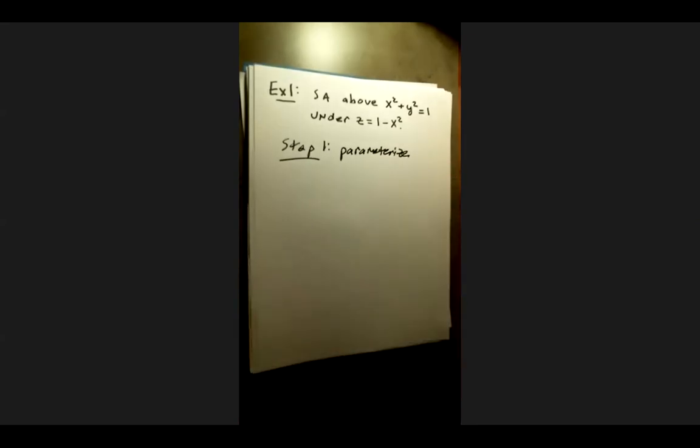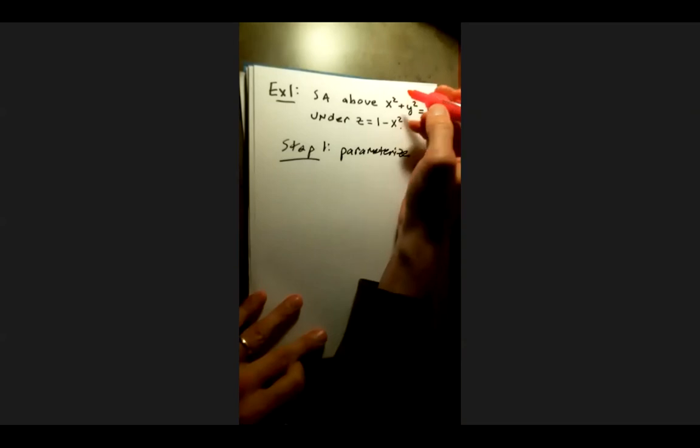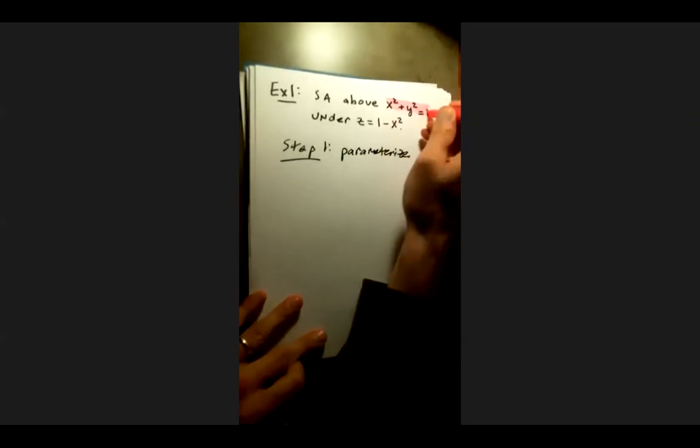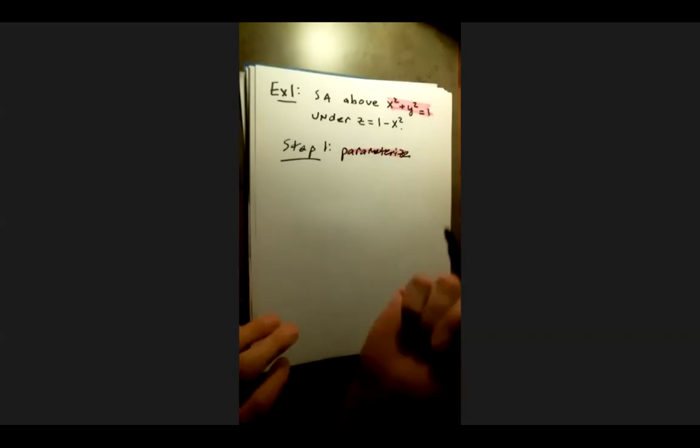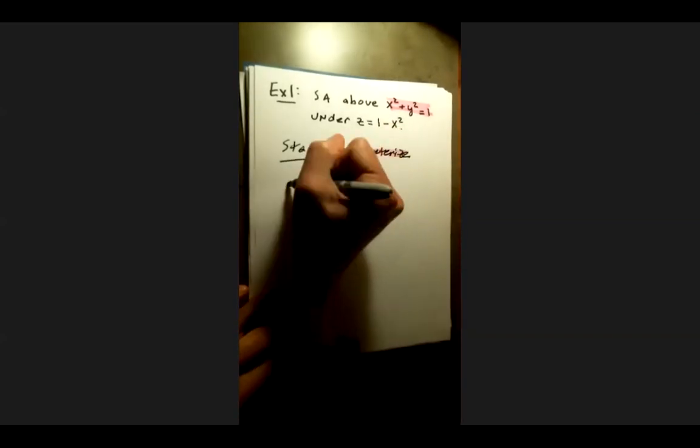So what do we need to parameterize? This part, the x squared plus y squared equals 1 part. So how do you parameterize that circle?